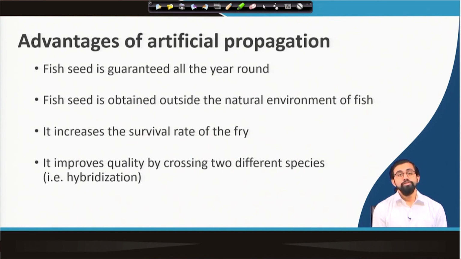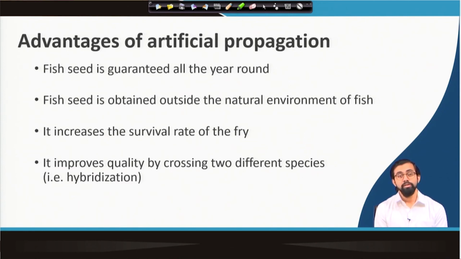It will give you a guaranteed yield all year round. Fish seed obtained outside the natural environment of the fish, if you can provide it with the optimum environmental condition, can be very high quality seed, and you're targeting the best brooder fish possible.